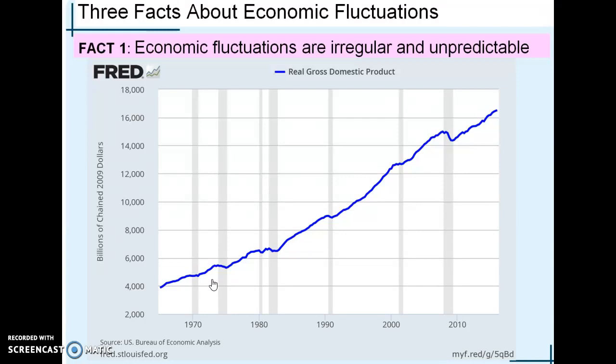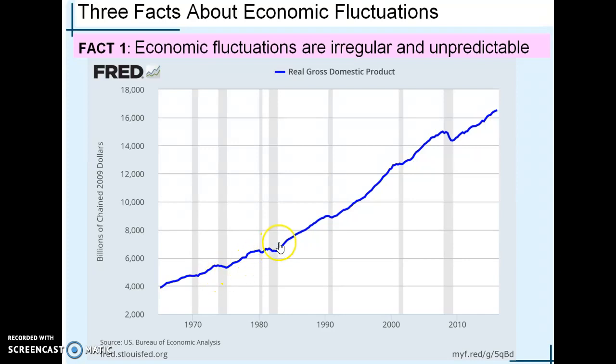And think about it: if you could predict when the next recession is going to be, you would be able to make all the perfect stock moves because typically stocks drop in a recession and you could be very, very wealthy. So since most people seem to be unable to do that, we're going to assume that recessions are unpredictable.